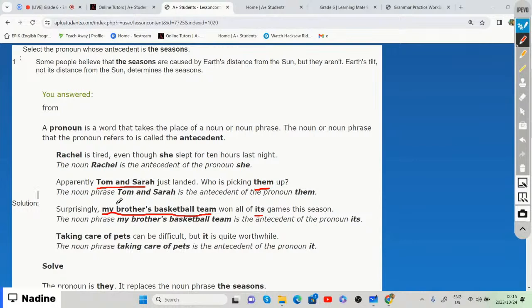And my brother's basketball team, that phrase is called the antecedent. And the pronoun is its. So my brother's basketball team surprisingly won all of its games this season. Its is referring to my brother's basketball team, and its is our pronoun.